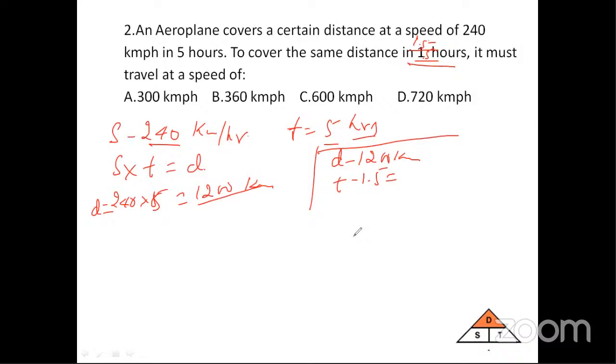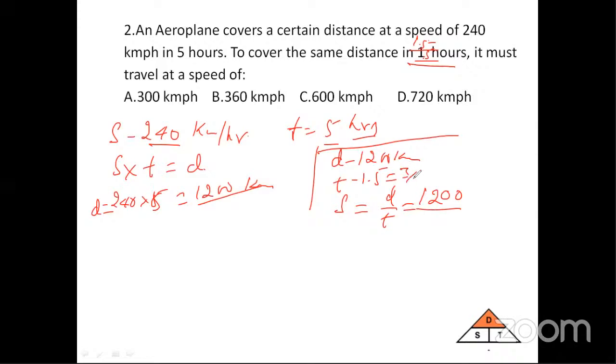There seemed to be some mistake in the question. Some options are missed here. So speed is equal to distance by time, that is 1200 divided by 1.5.